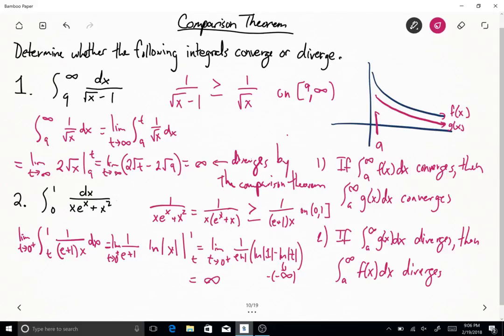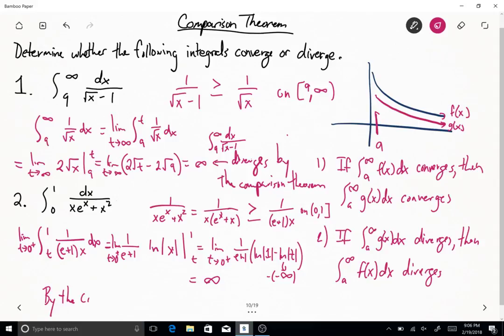So what does that mean? Well, we found a smaller integral that diverges. So by the comparison theorem, when I wrote diverges by the comparison theorem, I should write the appropriate integral, the integral from 9 to infinity of dx over square root of x minus 1.